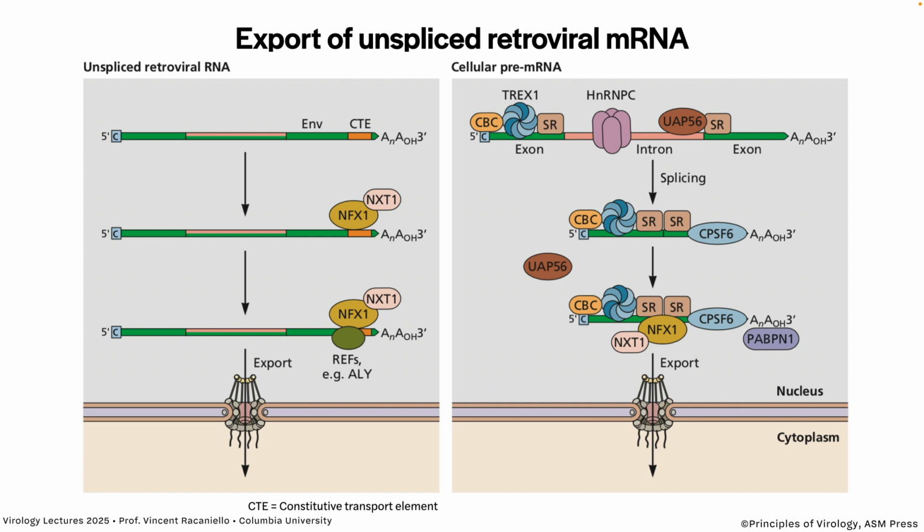So this is not spliced, but it's got this sequence that the nuclear export machinery will recognize, and it will export it. And just to remind you, normally the splicing proteins remain on the spliced product, and they are recognized by NFX1 and NXT1. But in the retrovirus case, we have an RNA element, basically, that is recognized by these proteins. There's always a way.